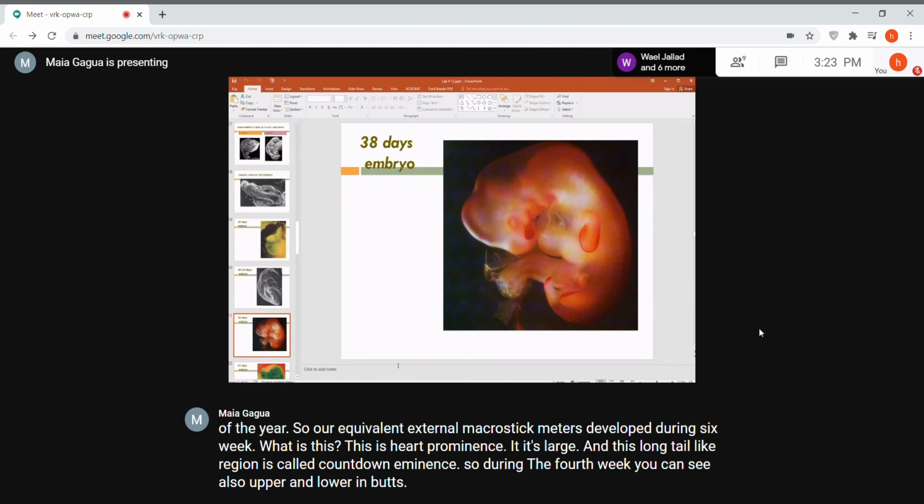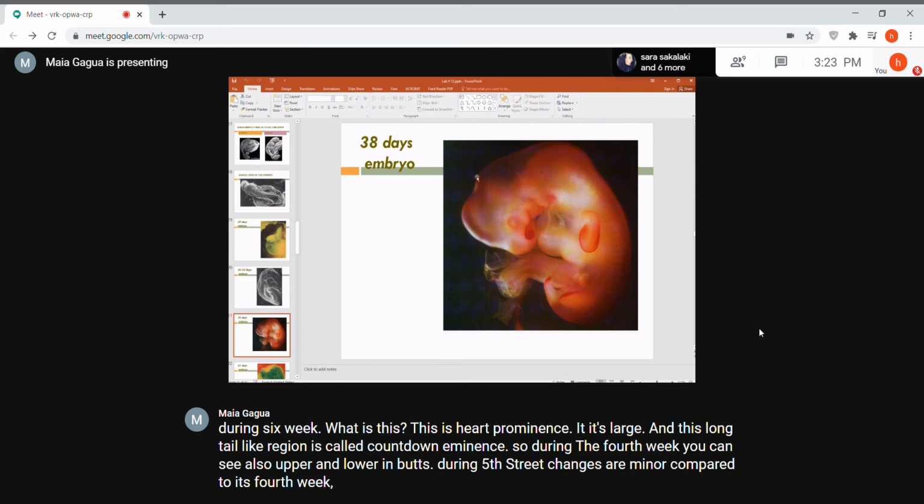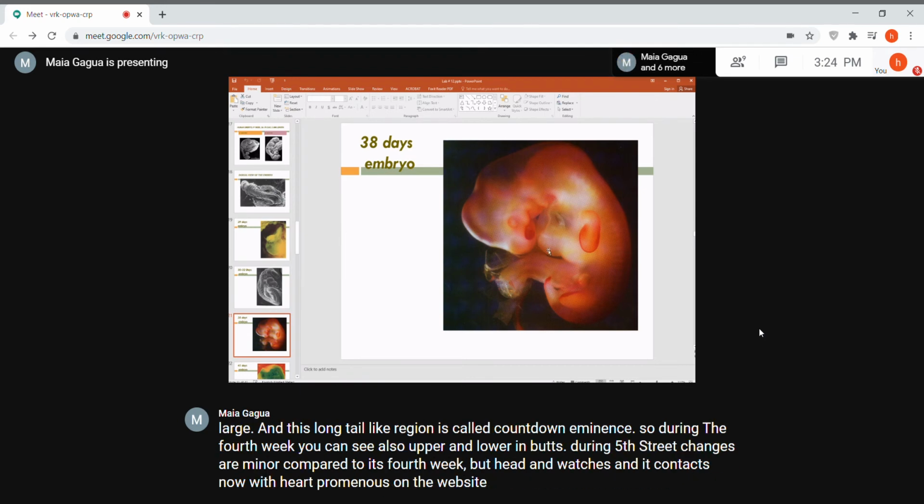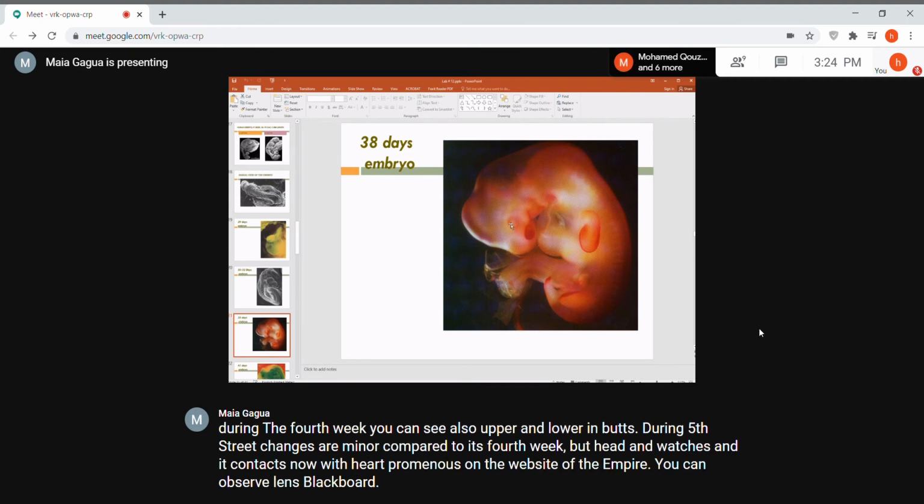During fifth week, changes are minor compared with fourth week, but head enlarges and it contacts now with heart prominence on the ventral surface of the embryo. You can observe lens placode on each side of the head. What are lens placodes?